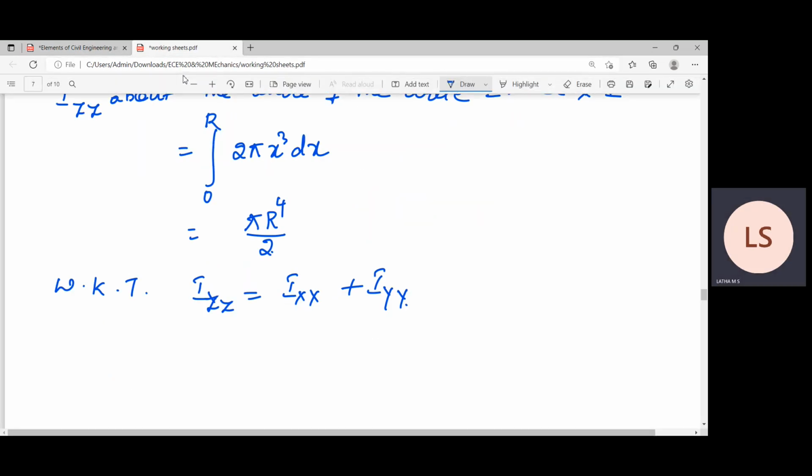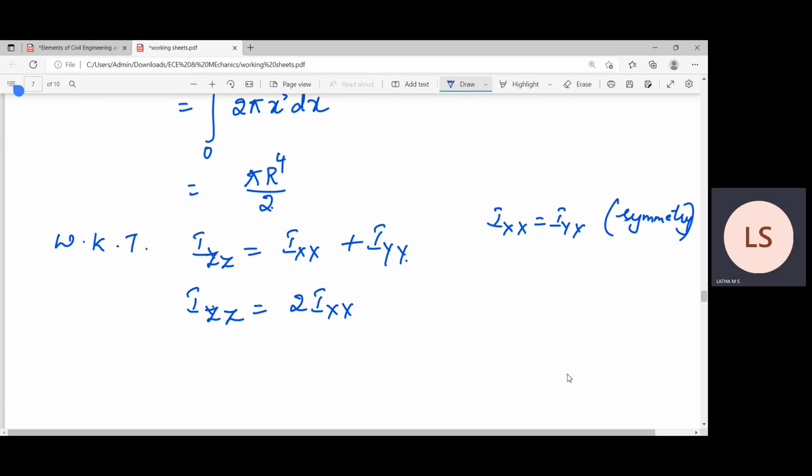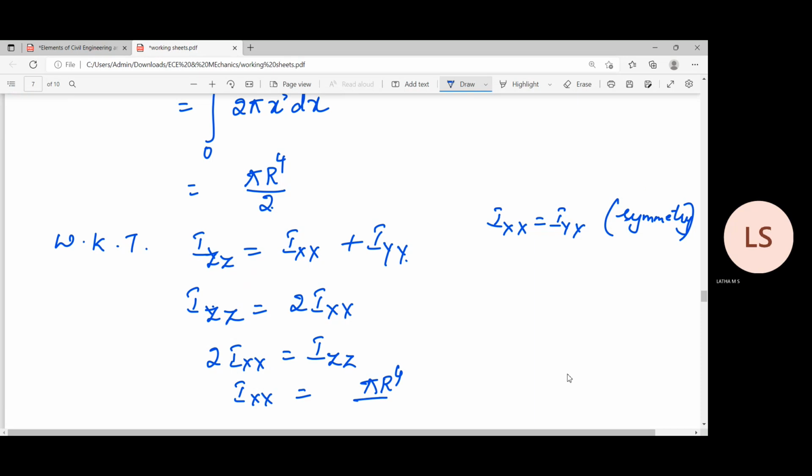Wherein, due to symmetry in nature, we find Ixx is equal to Iyy. Why so? Because of symmetry. So Izz is equal to 2Ixx, or 2Ixx equals Izz, so Ixx is equal to pi r to the power of 4 by 4 into 2 into 2, which will be equal to pi r to the power of 4 by 4.